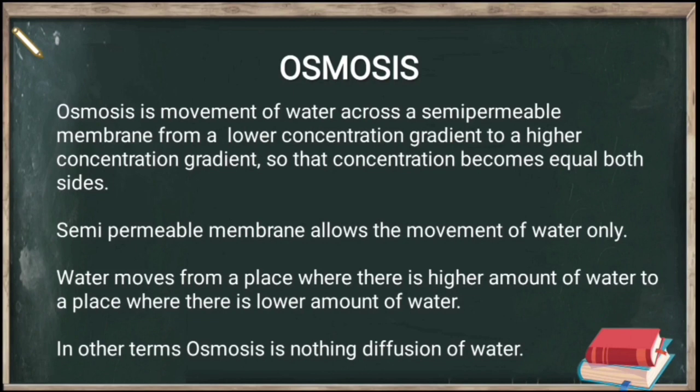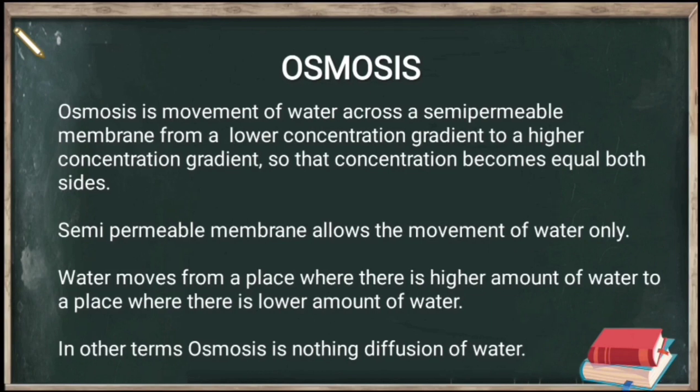A solution with a lower concentration contains less amount of solutes and more amount of water. And water moves from a place where there is a higher amount of water to a place where there is a lower amount of water. In other terms, osmosis is nothing but diffusion of water.